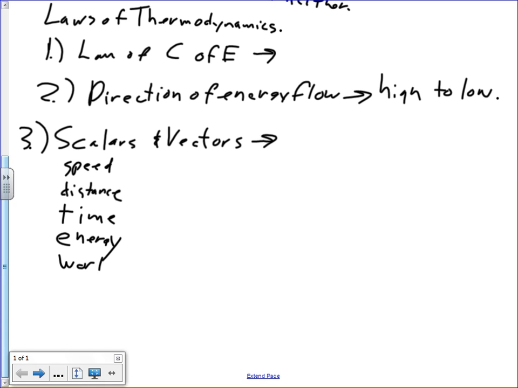Work. All right. All of those are scalar quantities. The ones we have the most problem solving to do with, in terms of whether it matters if they're scalar or vector, are speed and distance. The thing to watch for on the unit exam is wording in the question. I'll usually boldface or italicize or somehow make the word I'm looking for stand out.